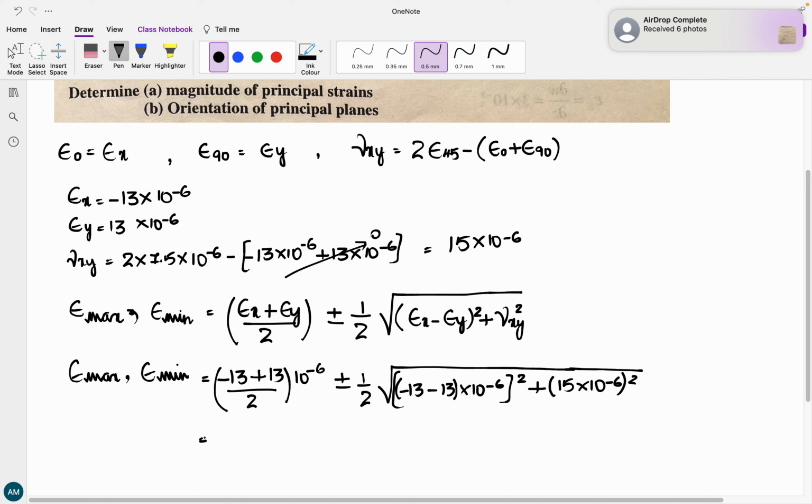This is equal to plus or minus, this whole term gets cancelled, hence plus or minus 15 into 10 power minus 6.